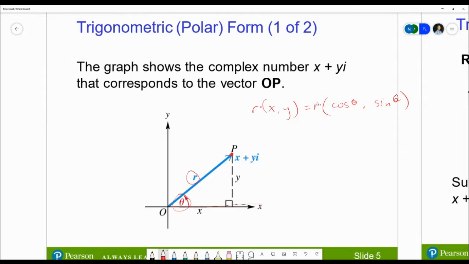This is a scalar value, so you just distribute it. So any point xy is x equals r cosine theta, and y equals r sine theta, for any point xy outside of that unit circle.